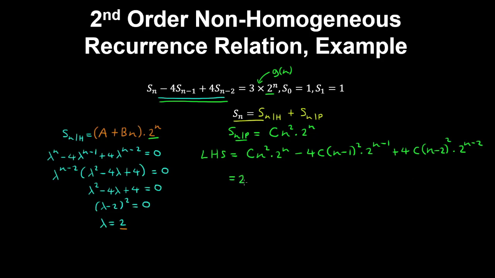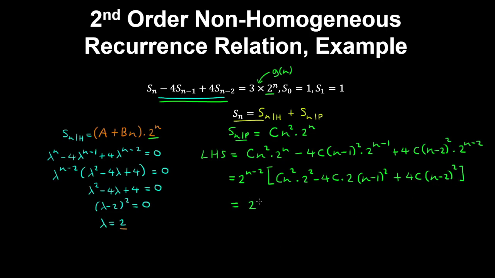And now if we factor out 2 to the n minus 2, we get Cn squared times 2 squared, minus 4C multiplied by 2 to the power of 1 times n minus 1 squared, and plus 4C times n minus 2 squared.